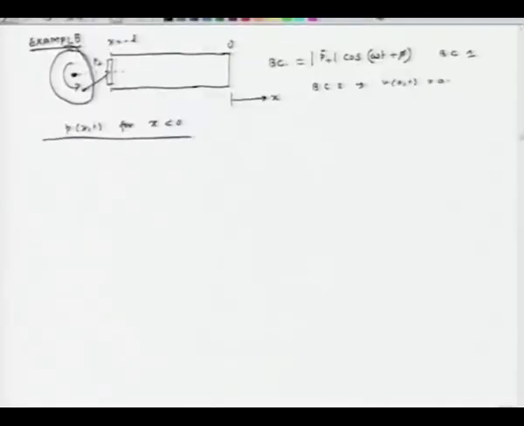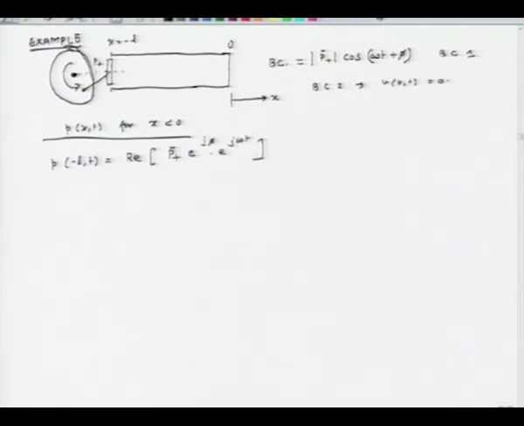So, let us rewrite this first boundary condition. So, P(minus L, t) equals real of P plus bar, which is a constant number, times e^(j phi) times e^(j omega t).